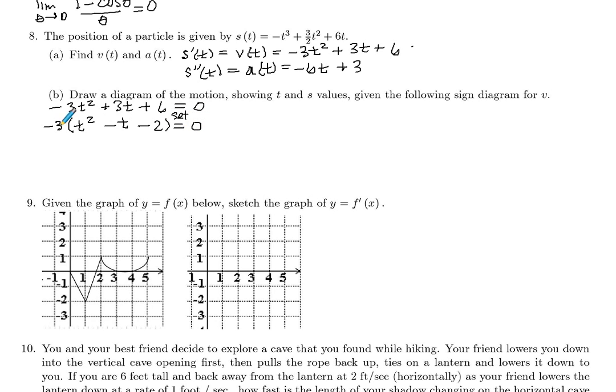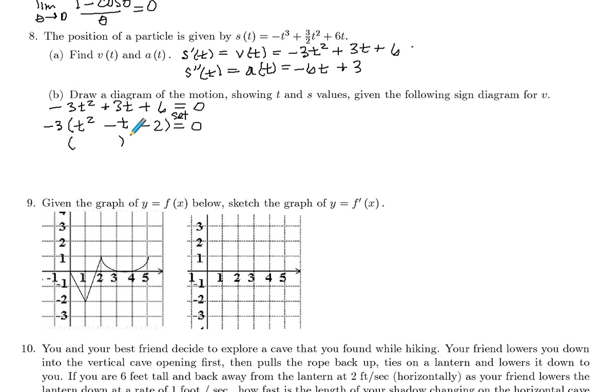And you can double check that: if you multiply back in, negative 3 times t squared, negative 3t squared, negative 3 times negative t, positive 3t, negative 3 times negative 2, positive 6. So it's always good to do a double check. And then if this product equals 0, one of the pieces is 0. Negative 3 is never equal 0, so it has to be this piece that equals 0.